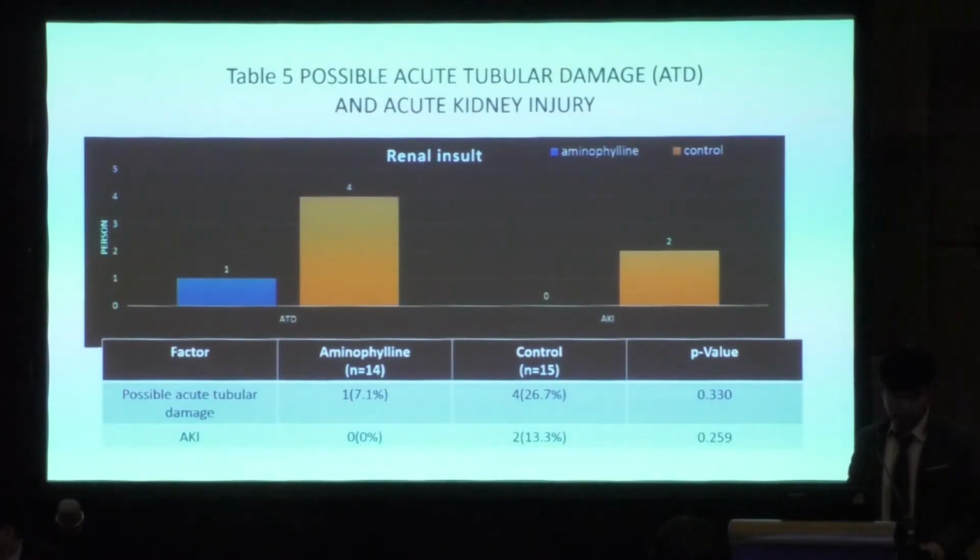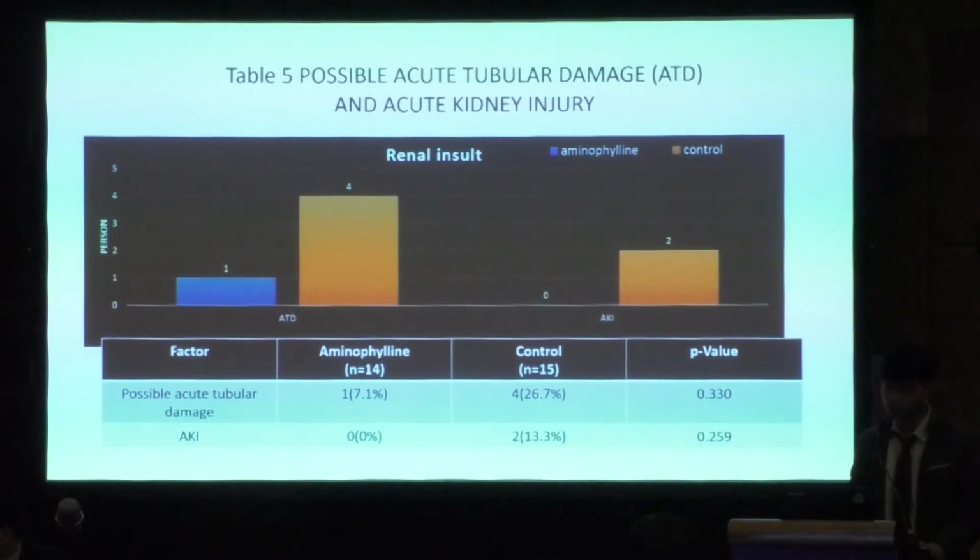And for renal insult in terms of possible acute tubular damage and AKI, possible acute tubular damage occurred in one patient in the aminophylline group, but 4 in the control group, and AKI occurred in none in the aminophylline group, but 2 in the control group. However, it's not significant.